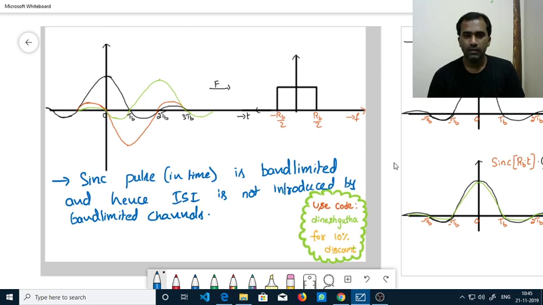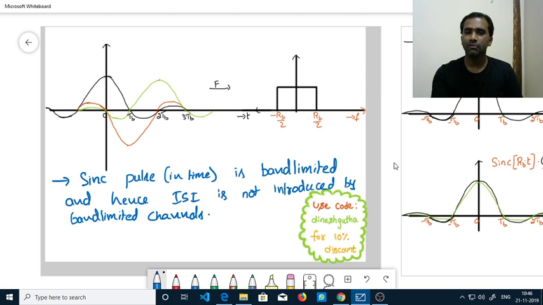Very good. You should understand that wireless channels are also band limited, because in wireless we don't have infinite bandwidth. We have to frequency division multiplex different signals, so every signal is allowed to occupy only certain bandwidth, which means wireless channels are also band limited channels, not only wired.